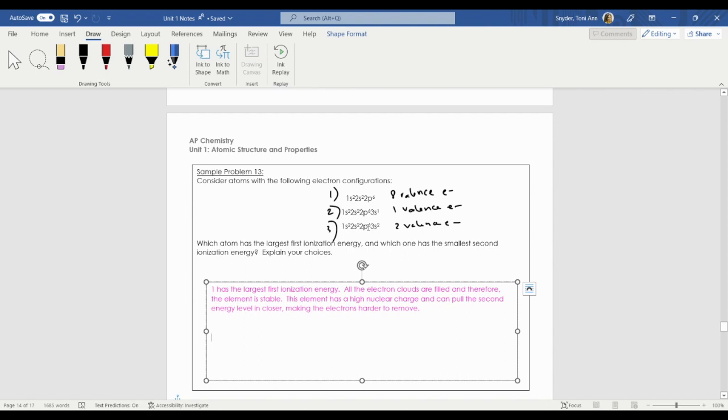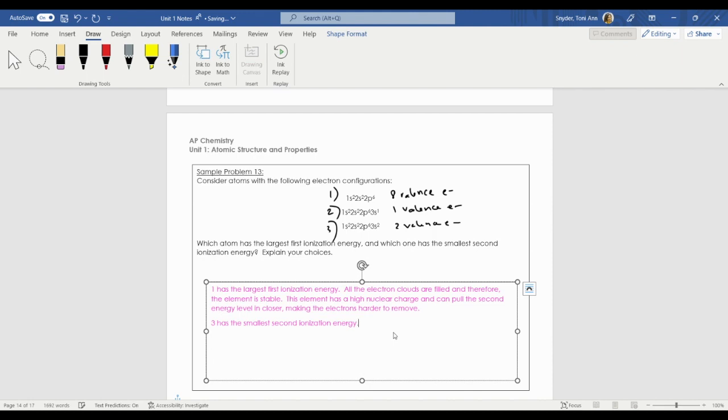Whereas removing the second electron from number 3, I'm still in that valence shell. We're not quite yet at a core electron, so it's going to be easiest to remove the second electron from number 3, thus the ionization energy is lower. So 3 has the smallest second ionization energy.